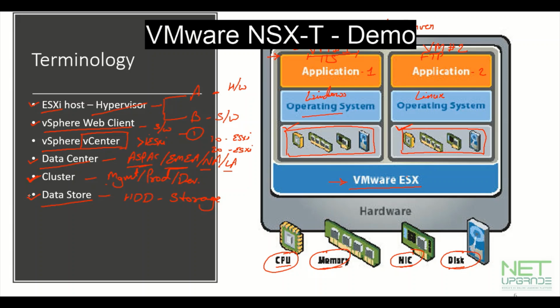Once that is done, we'll go to the networking component: how the network interface card is connected to our physical switch, how it is connected to your virtual networking switch, and how communication happens from VM1 to VM2 or VM1 to your external bare metal server. We will discuss everything and clear the foundation first, then we will start NSX-T. So in our upcoming class, we will go through and clear this foundation first.